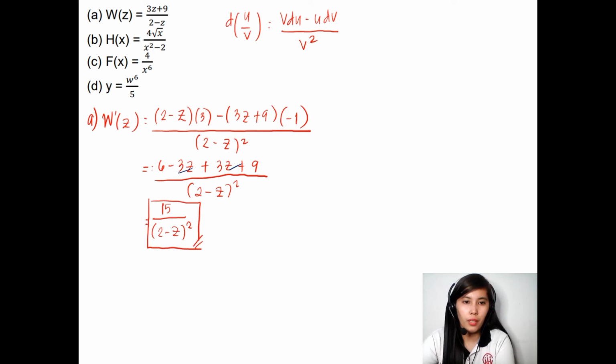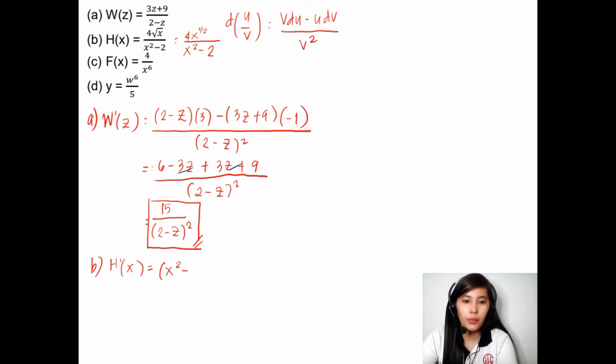For letter B, h of x is equal to 4 square root of x over x squared minus 2. So this is equal to 4x raised to 1 half over x squared minus 2. So h prime of x is equal to v du. Our v is x squared minus 2.